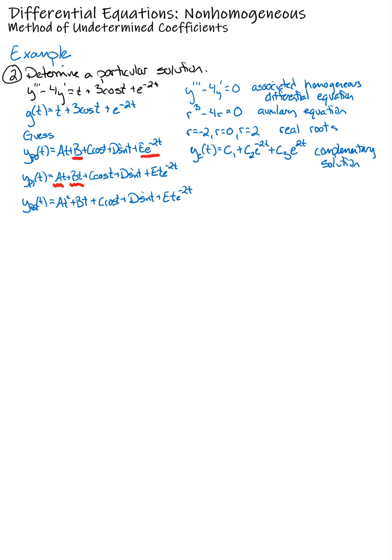All right, well, that actually looks pretty good. If I compare this with my complementary solution, I don't see any of the terms are repeated. They are all slight variations. So this will be the form for y sub p, the particular solution.